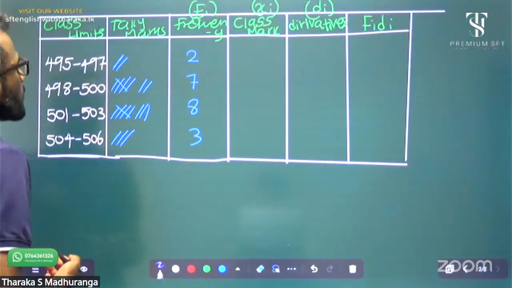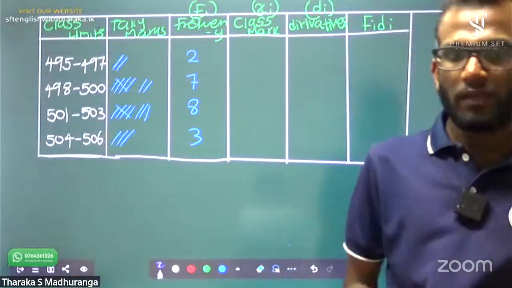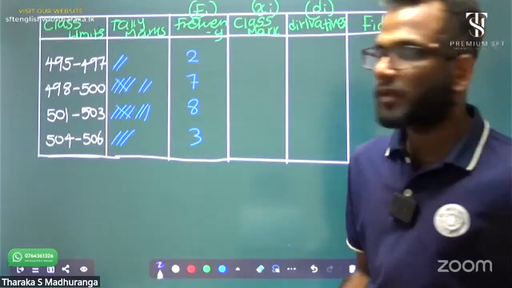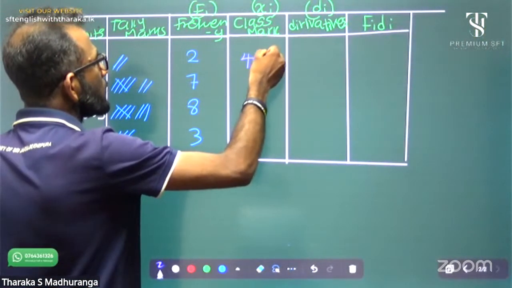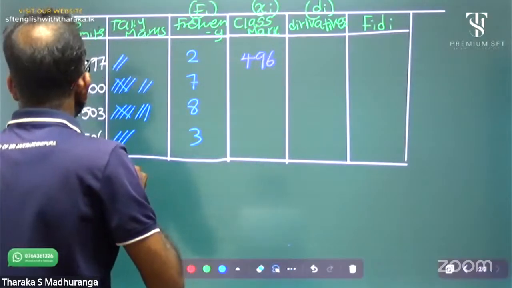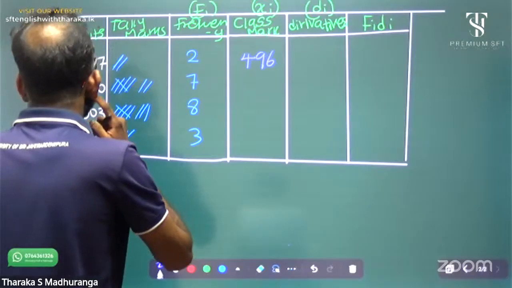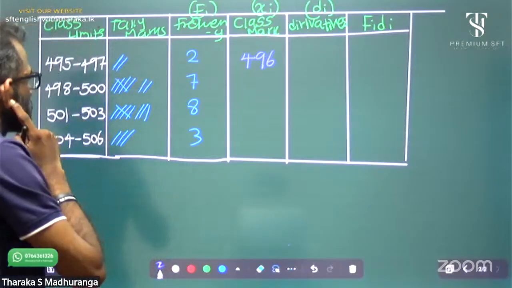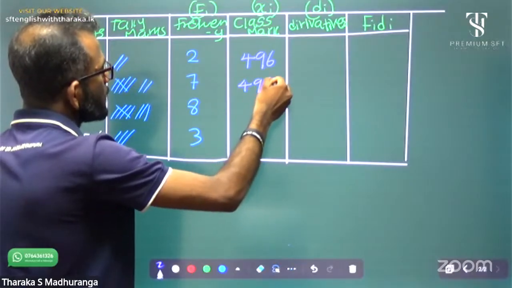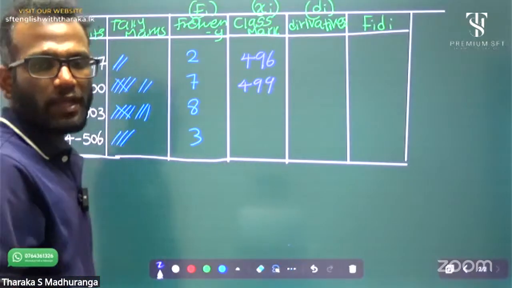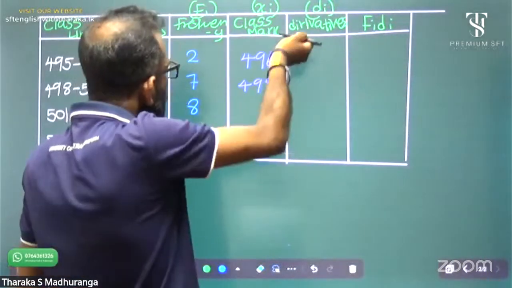Now 495 plus 497 divide by 2. What's the class mark? It is 496. 498 plus 500 divide by 2, 499. Okay, now you can understand the order.